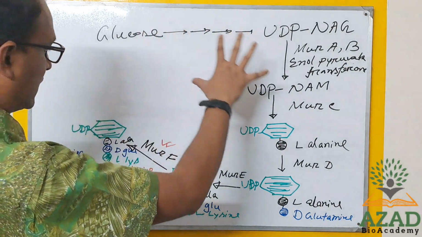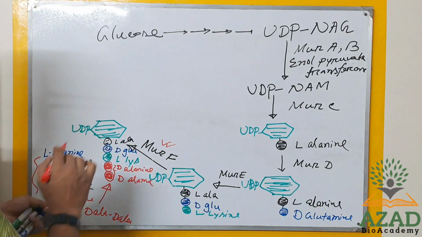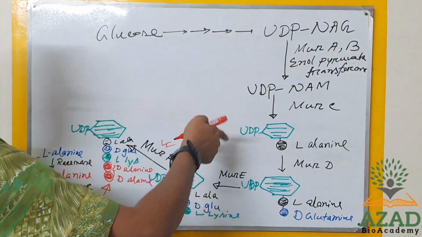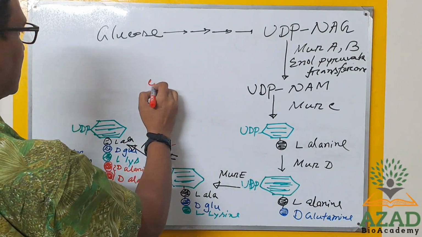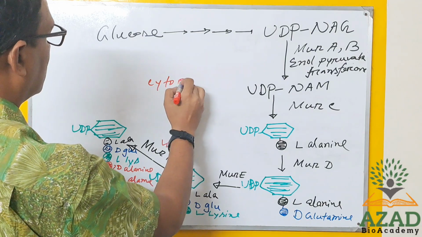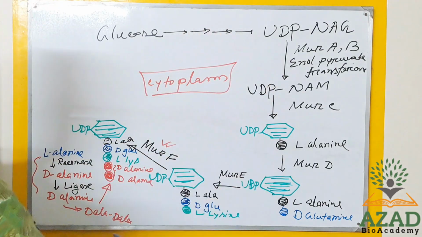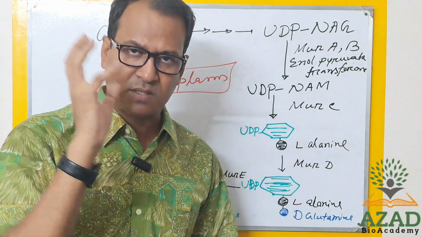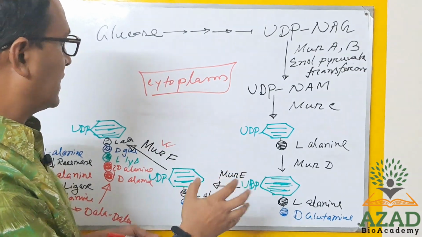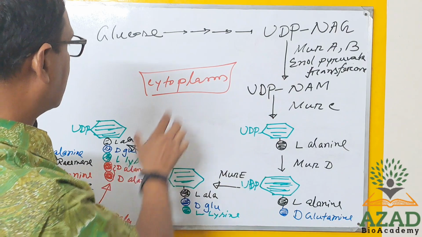Okay, so this is happening within the cytoplasm. So this cytoplasmic stage, we can say this is the initial stage, or you can say cytoplasmic stage, because this is happening in the cytoplasm. So I will try to sum up by keeping some basic things.